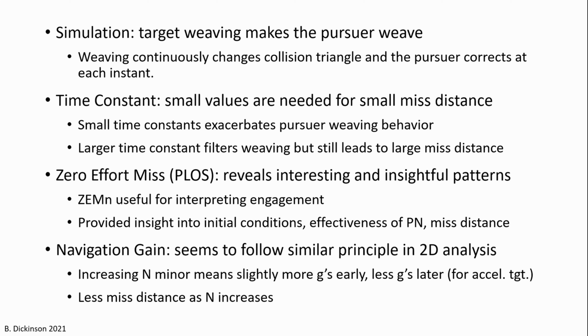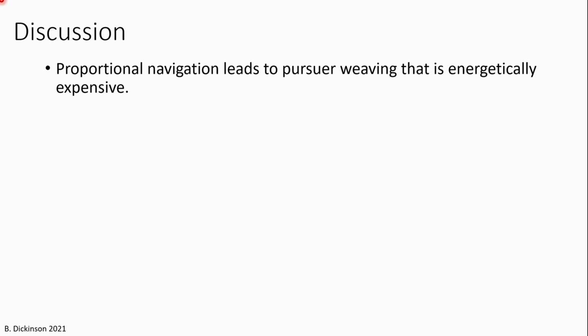We saw that as we increased N, it meant a minor increase in g's early on, but later less g's for intercept. And that intercept resulted in less miss distance as N increased. So these simulation results raise some practical questions about Pronav and how applicable it is for this type of a maneuvering target.